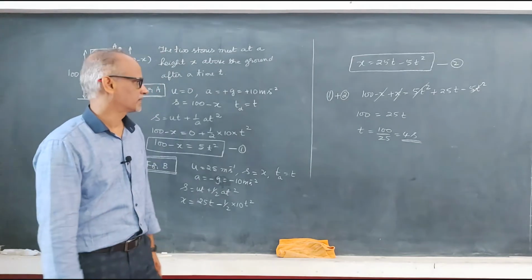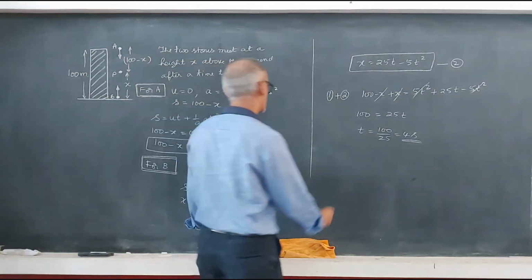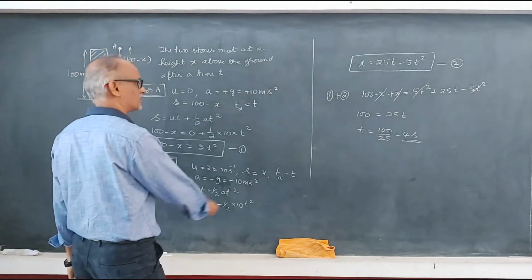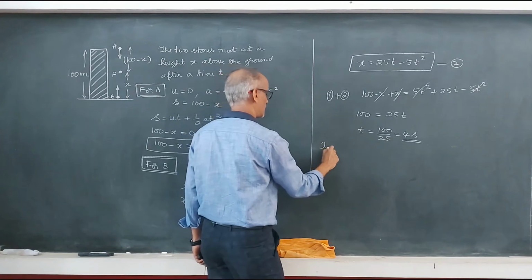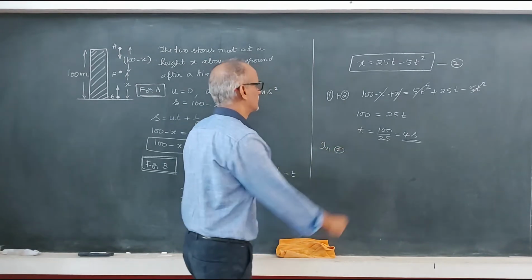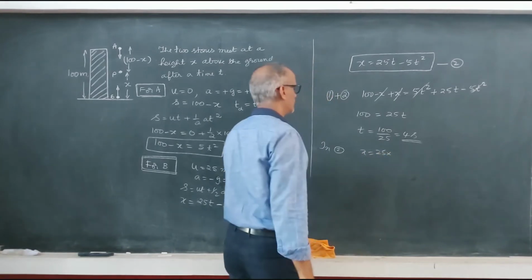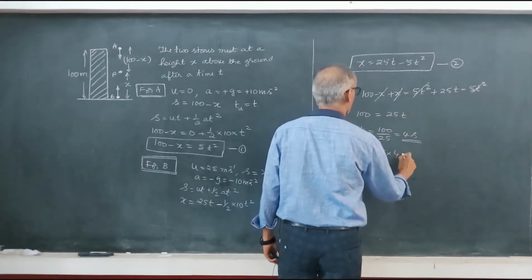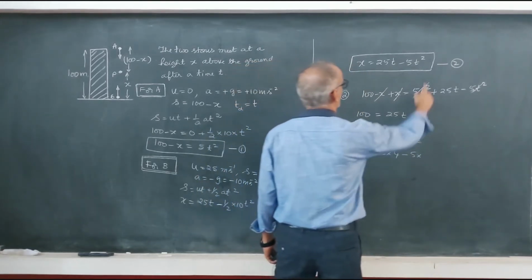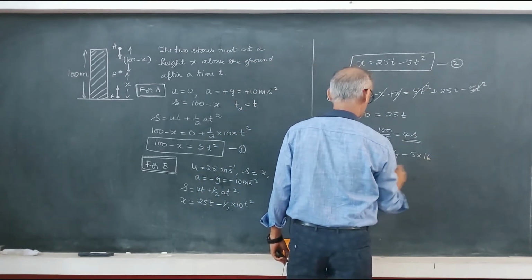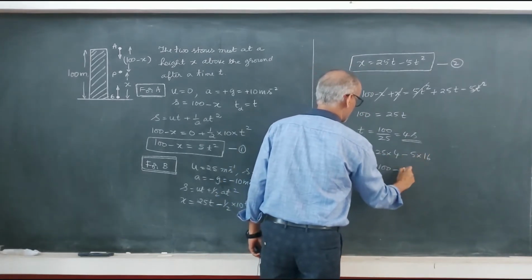Now we have to calculate at what height they meet. To find that, you can use either equation 1 or equation 2. I will use equation 2: x is equal to 25 into 4 minus 5 into 4 square, which is 16. 25 into 4 is 100, minus 16 5s are 80.